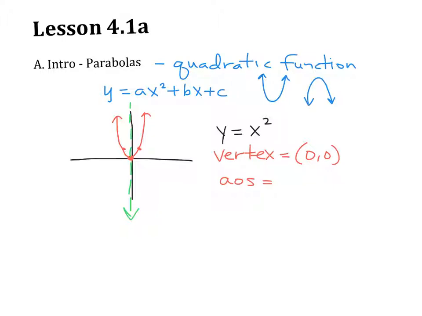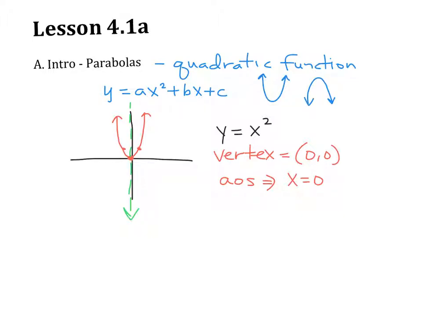My axis of symmetry would be that green line. Your axis of symmetry in this problem is x equals 0, right? Axis of symmetry is always x equals something, okay? You have to make it an equation because it's a vertical line. The equation of a vertical line is always x equals some number.